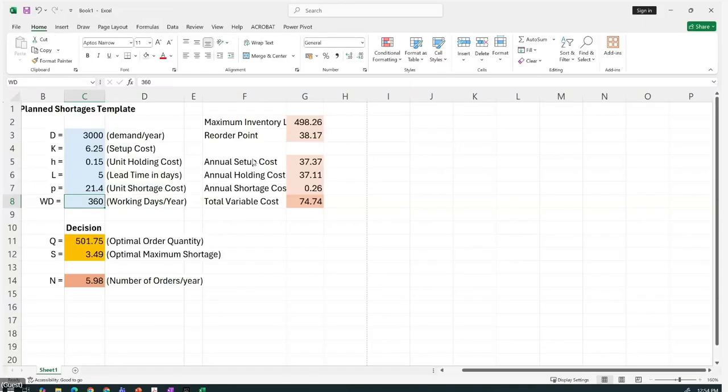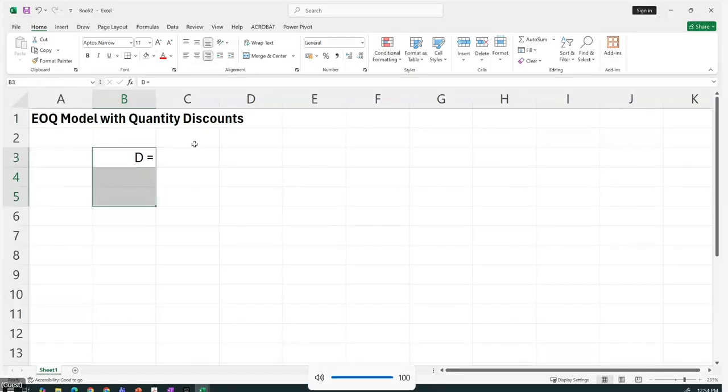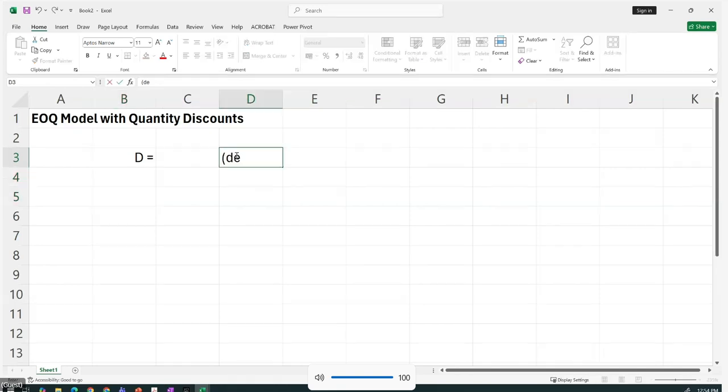Okay. So let's directly jump into building this. So what are the key inputs that I have? I have my demand D. This is the demand per year.